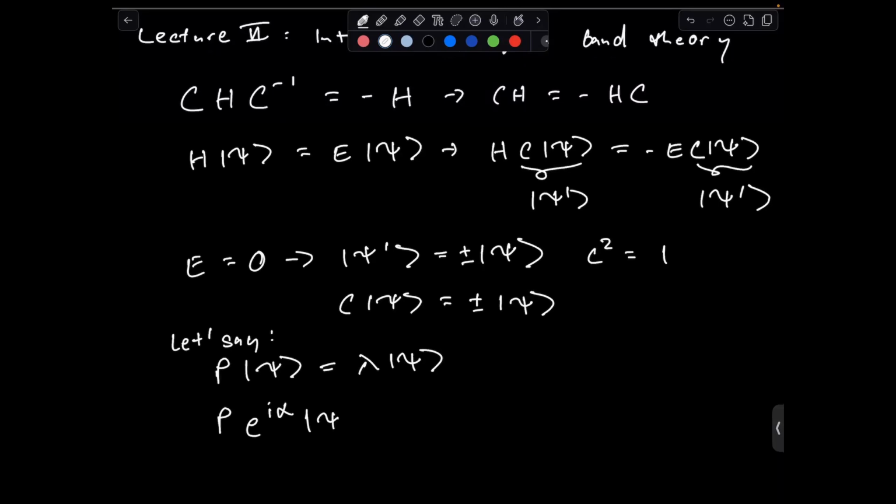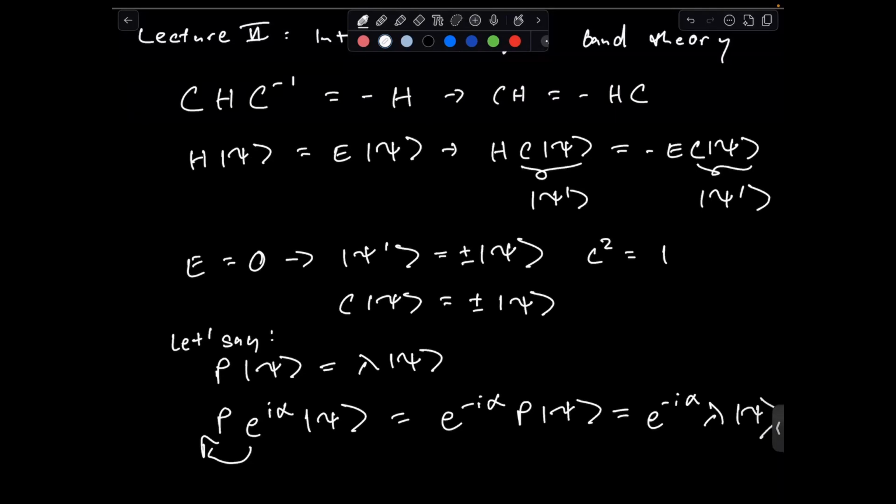I could multiply my states psi by a phase e to the i alpha, that should be allowed. Quantum mechanics is invariant under these kinds of phase shifts or gauge transformations. But now, because P is anti-unitary, if I want to move this out, I'll get e to the minus i alpha P psi, which is equal to e to the minus i alpha lambda psi, right?